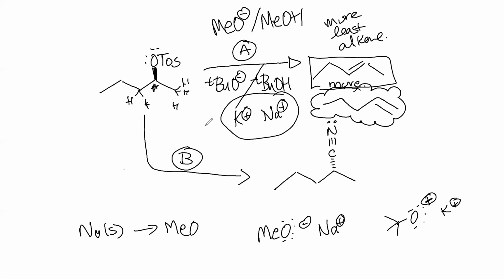So how do we know which base to use? It depends on whether you're making the more or least substituted alkene. For the least substituted, you want to use the bulky base.